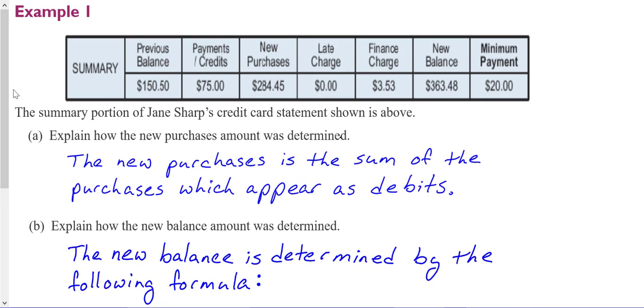So if we look up here, the easiest way to probably look at this is say our previous balance minus any payments we made off on the previous balance. You're going to add any new purchases that you've made, add a late charge if you owe a late charge, add the finance charge, and altogether that would equal your new balance.